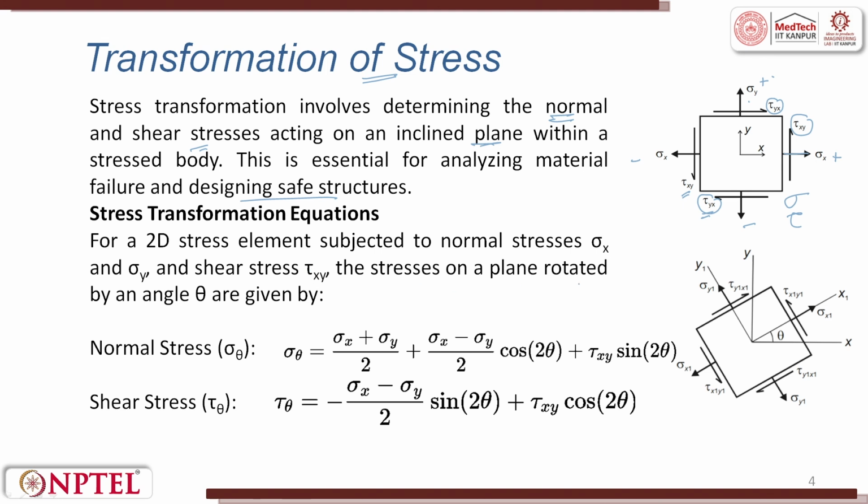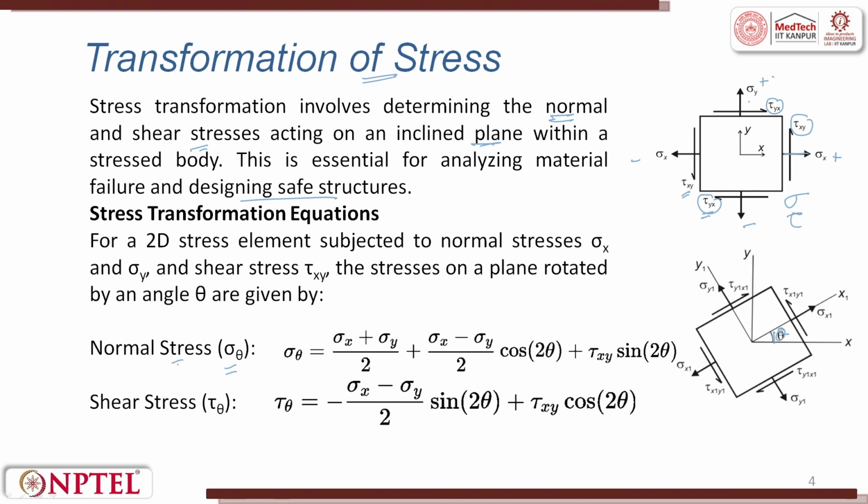The stresses on a plane rotated by an angle theta are always given as follows. Normal stress, sigma theta, is equal to (sigma x plus sigma y) divided by 2 plus (sigma x minus sigma y) divided by 2 multiplied by cos 2 theta plus tau xy sin 2 theta.